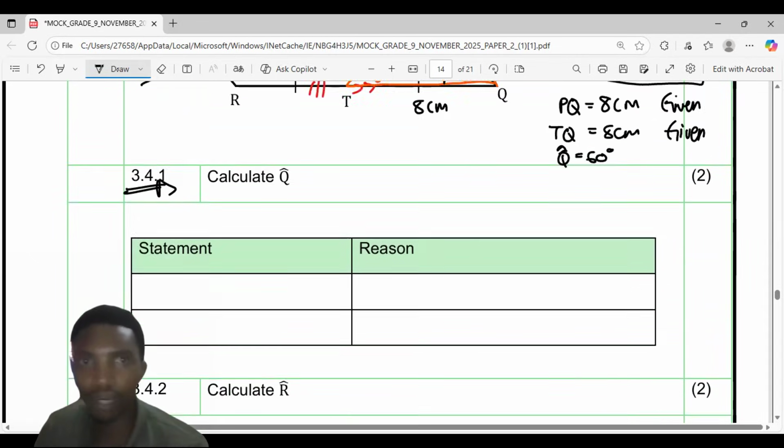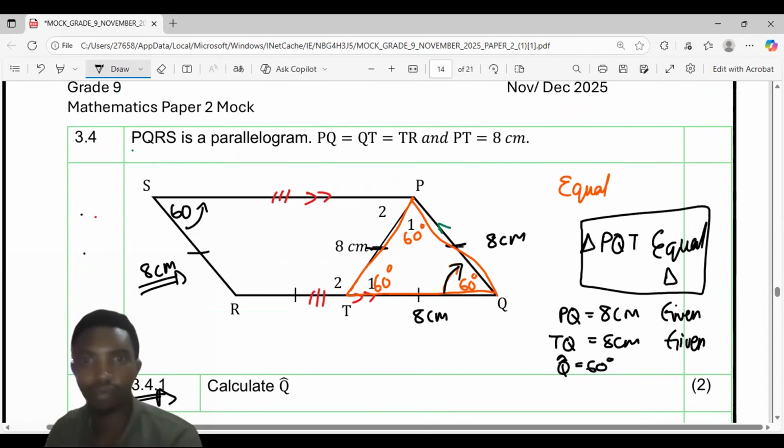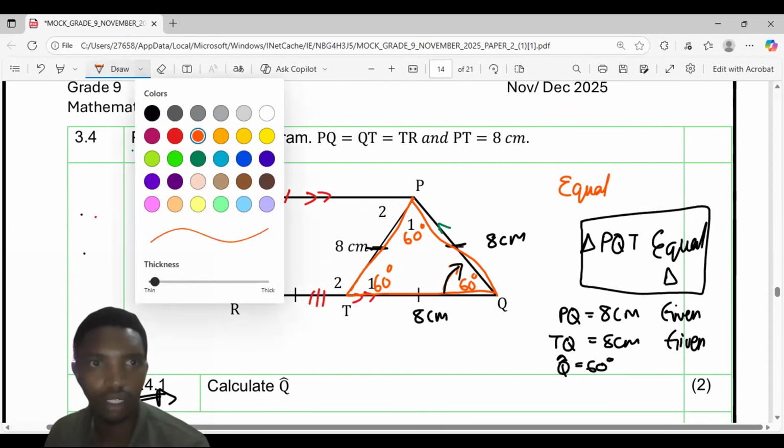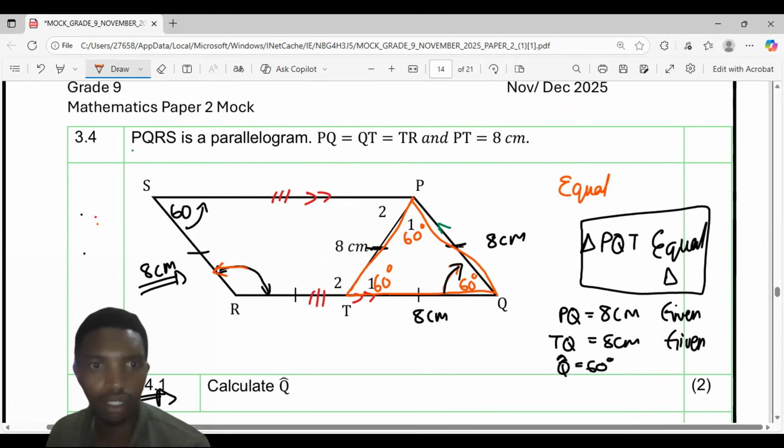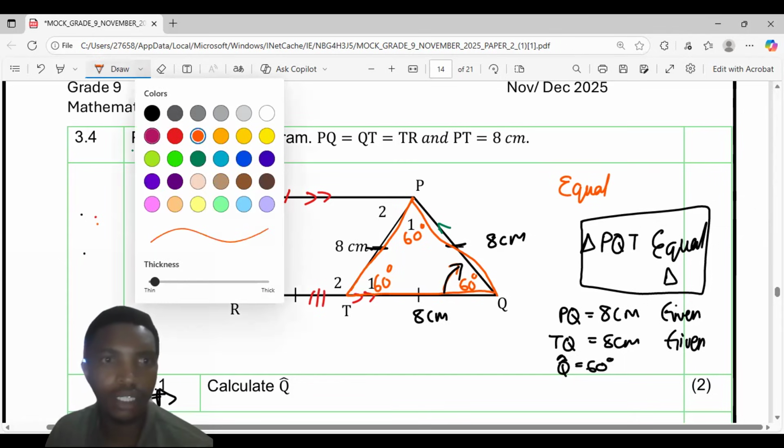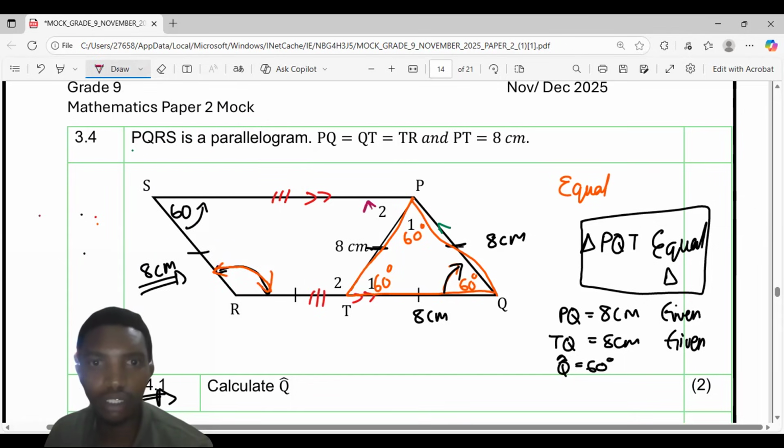And then they said we should find angle R. Angle R is this angle here. Let me use a different color. That is angle R. But before we go to angle R, can we find how much angle P2 is?